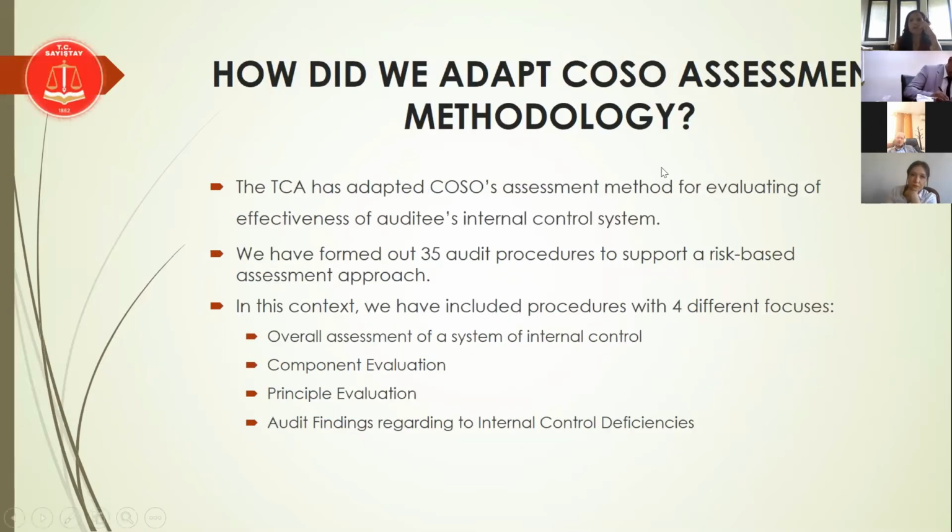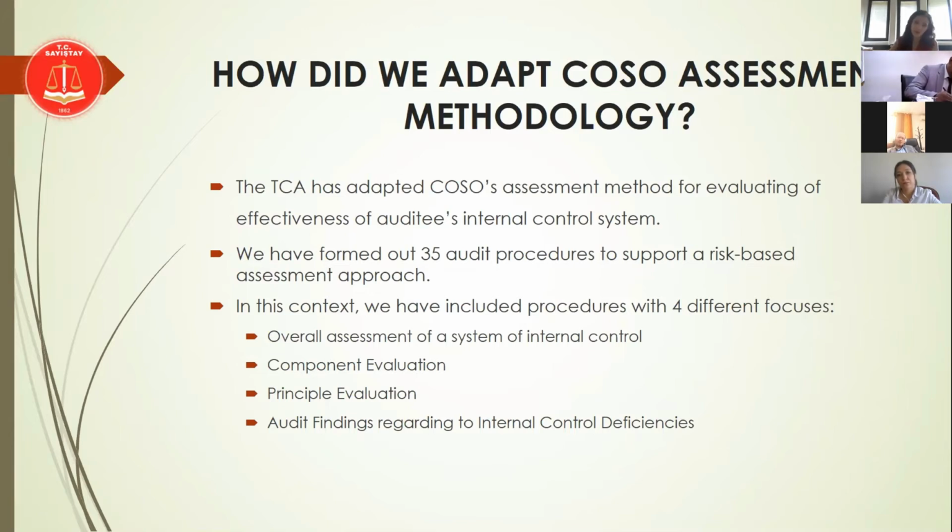So how did we adopt the assessment methodology? We have formed 35 audit procedures to support a risk-based assessment approach. In this context, we have included procedures with 4 different focuses. Number 1 is the overall assessment of a system of internal control and enterprise risk management.